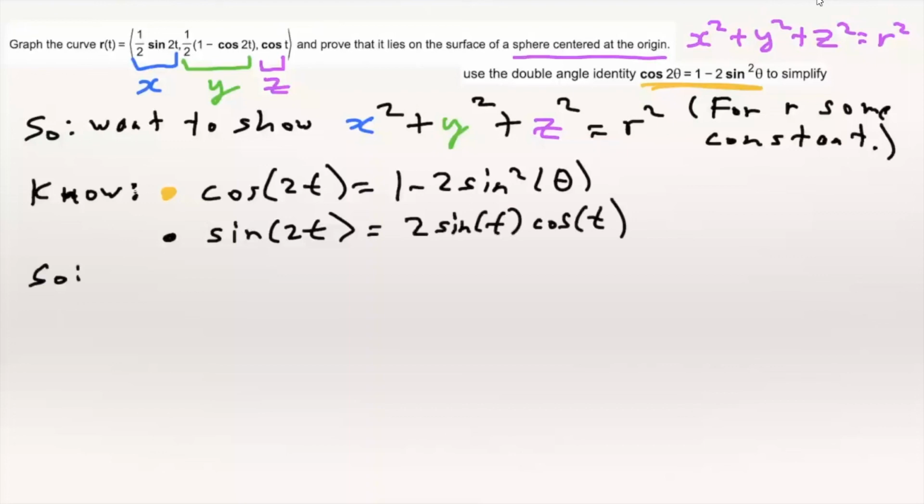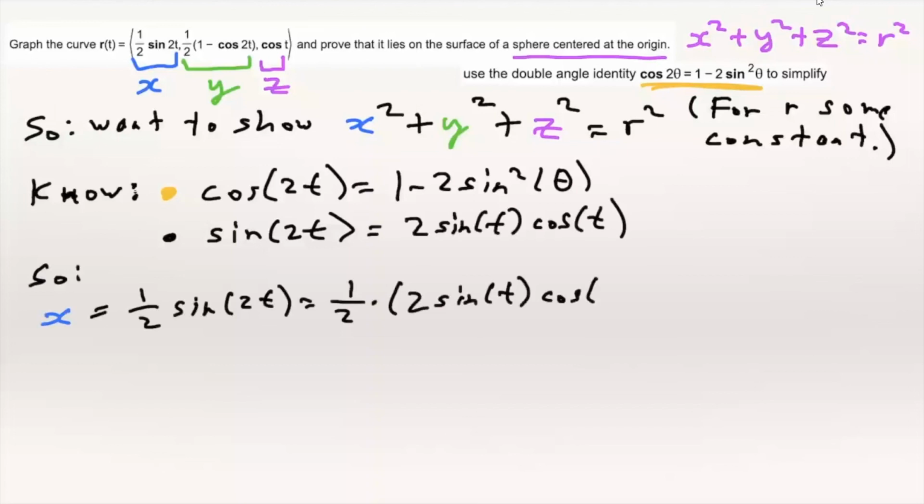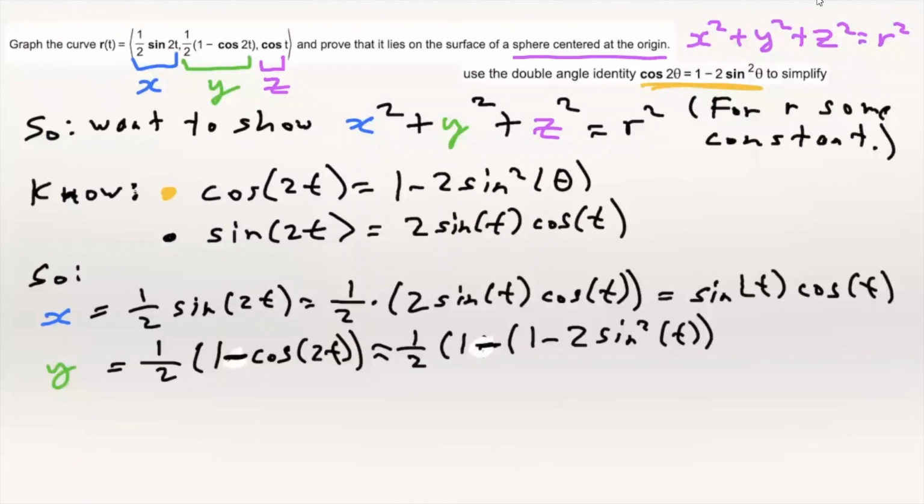So re-expressing our x, y, and z in terms of just sine and cosine of t, well, x is 1/2 sine of 2t, which is 1/2 times 2 sine t cosine t, which is just sine t cosine t. Okay, that's nice. And the y component, that's 1/2 times 1 minus cosine 2t. And again, we want that just in terms of sine t and cosine t.